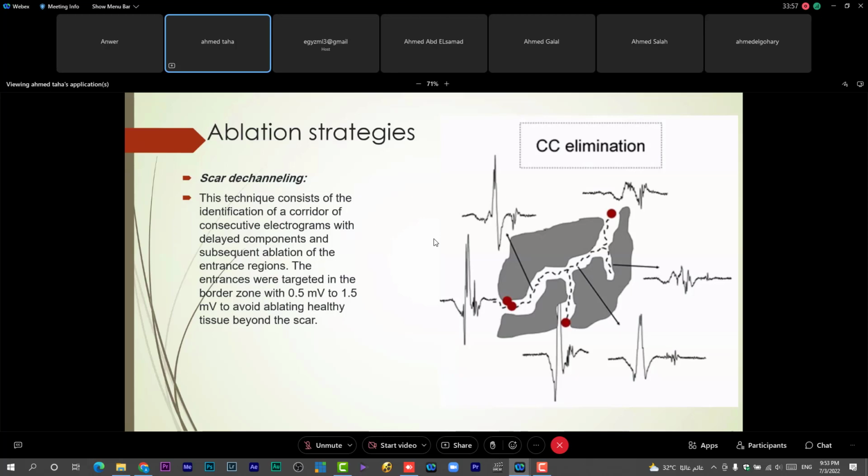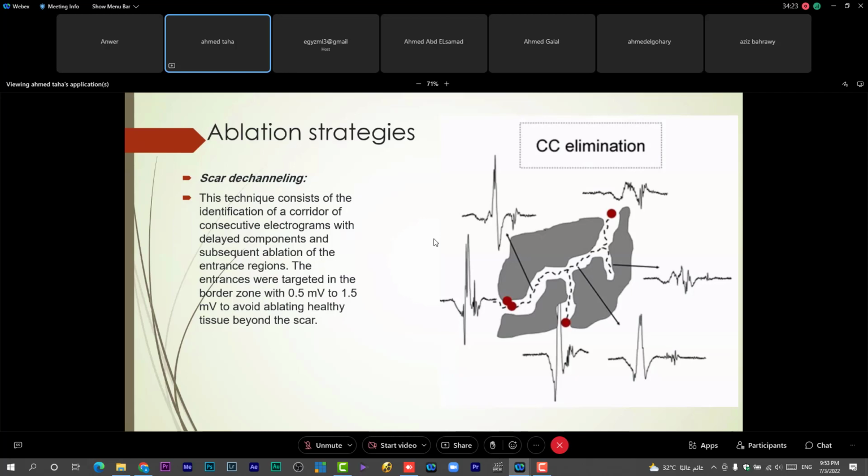I will do ablation at all these areas and try remapping again. So the whole idea is I will do the scar map and evoked potential, identify the scar zone that can be a corridor or isthmus, and try to ablate all the points from the entrance to the exit with the scar inside, so I can ablate this whole area and make the channels de-channeled.